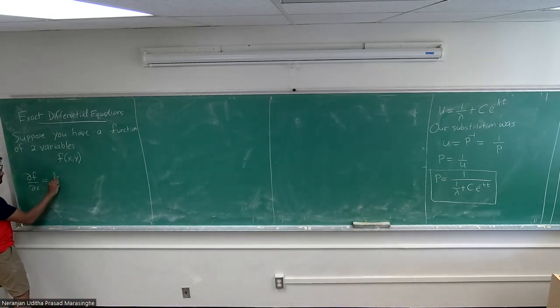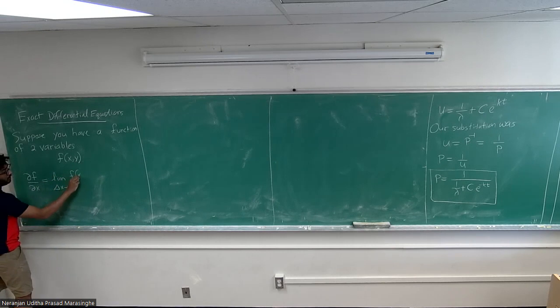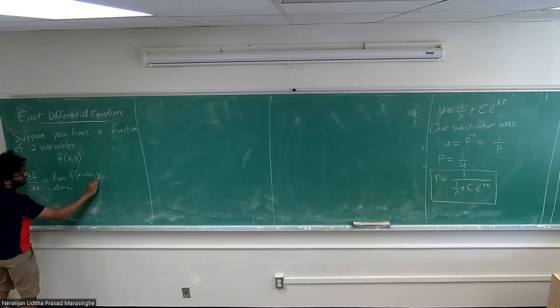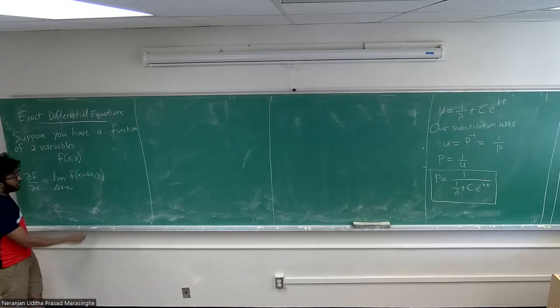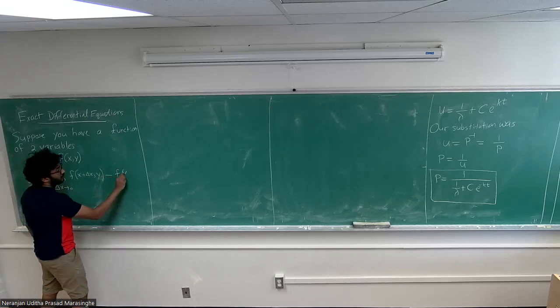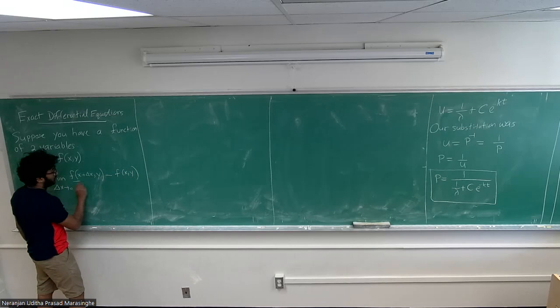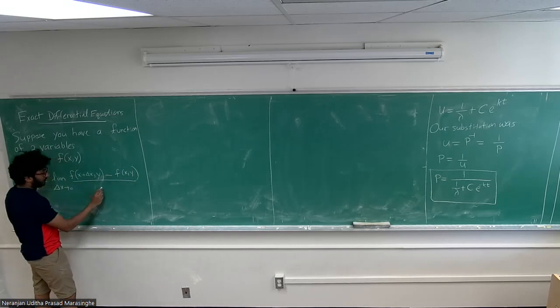Write this mathematical limit: as delta x goes to 0, f of x plus delta x, y, minus f of x, y, divided by delta x.